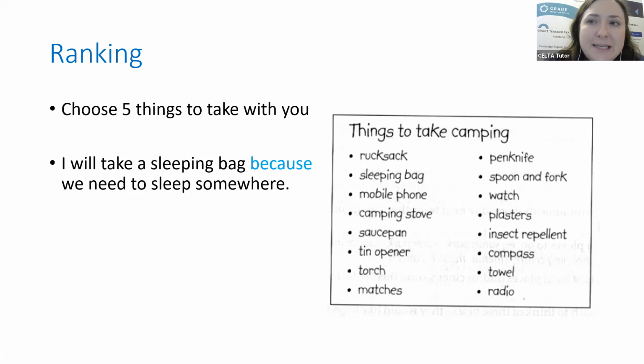If you look at this sentence, it is actually super cool because it combines 2 grammar forms. We can either stick to one, if we practice will for future predictions, or we can just ask them to use will. It could sound like, I will take a sleeping bag because we will sleep somewhere.